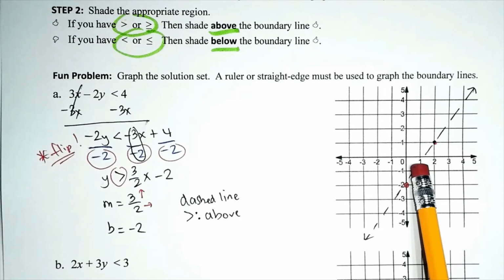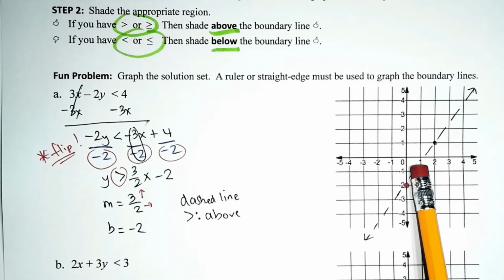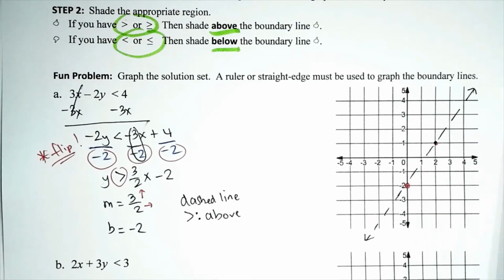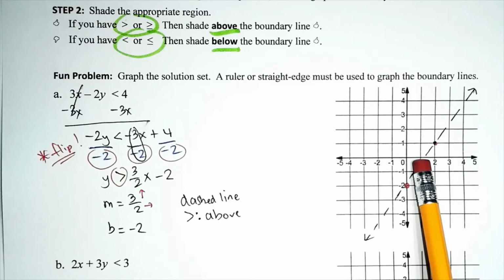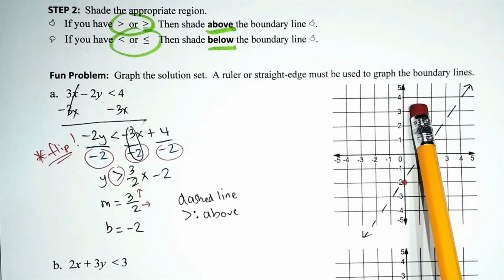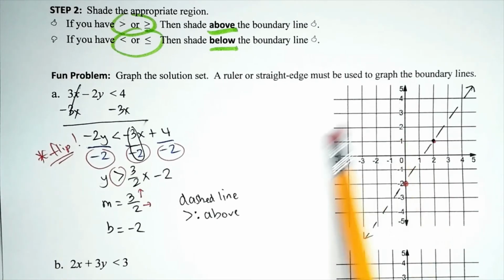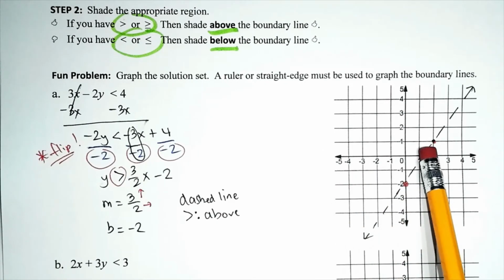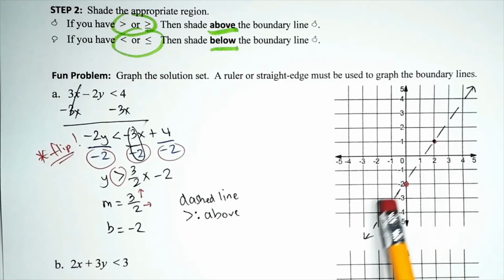The word above reminds me of going up. So we're going to move our finger up, not tracing the line, but up, like an elevator. Notice what area your finger is touching. It's this top half right here, so that's the above part. If you don't trust yourself, let's instant replay it. Put your finger elsewhere on the line.